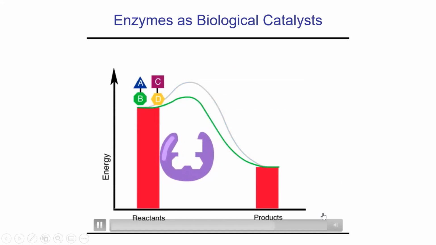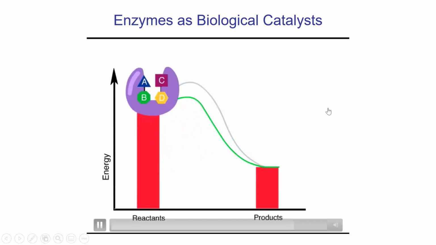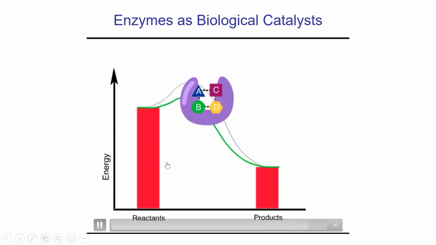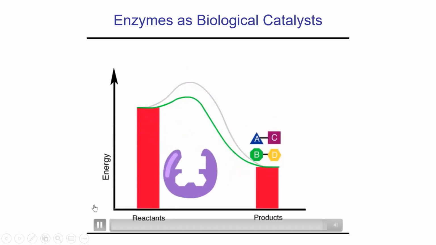Its three-dimensional shape allows it to act only on specific molecules referred to as the enzyme substrates. As the substrates bind to the enzyme's active site, they are held in a position that facilitates the reaction. This takes less activation energy than the unaided reaction. Products form and are released. The enzyme emerges unchanged from the reaction.